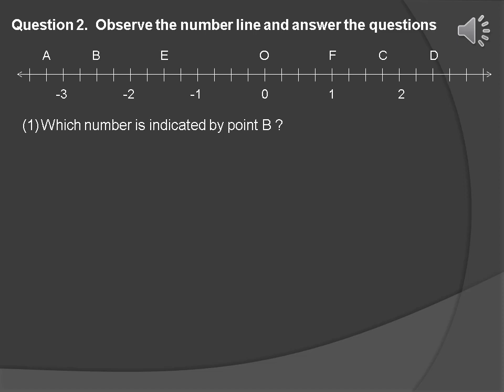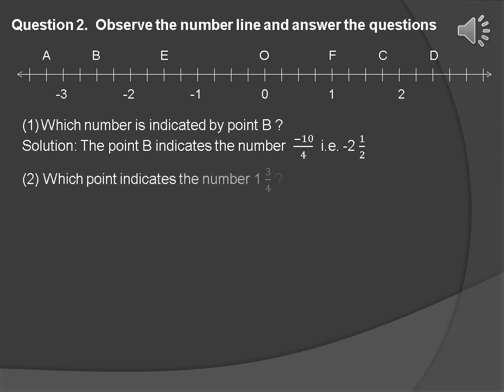Point B is the 10th point from 0 on the left hand side. That is, the point B indicates the number minus 10 upon 4, that is minus 2 and a half. Second question, which point indicates the number 1 and 3 upon 4?